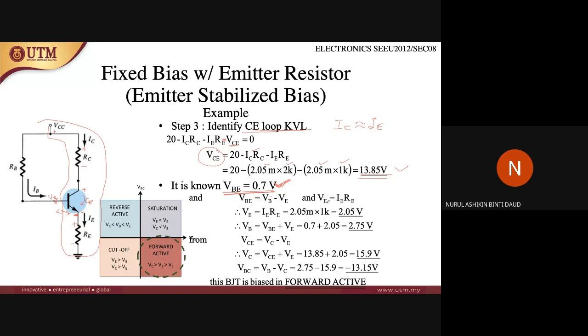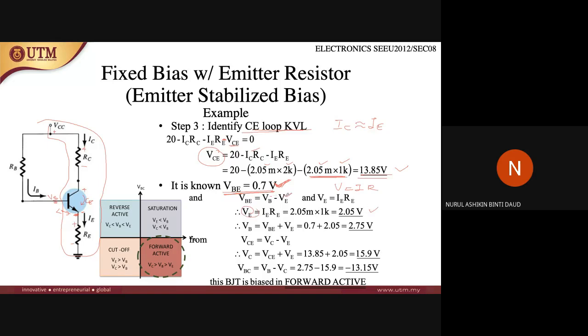We know that VE here is equal to the current that flows here, IE, times the value of the resistor here, because this is from Ohm's law, V equals IR. So VE we can find because we know the value of IE just now. VE is equal to 2.05.